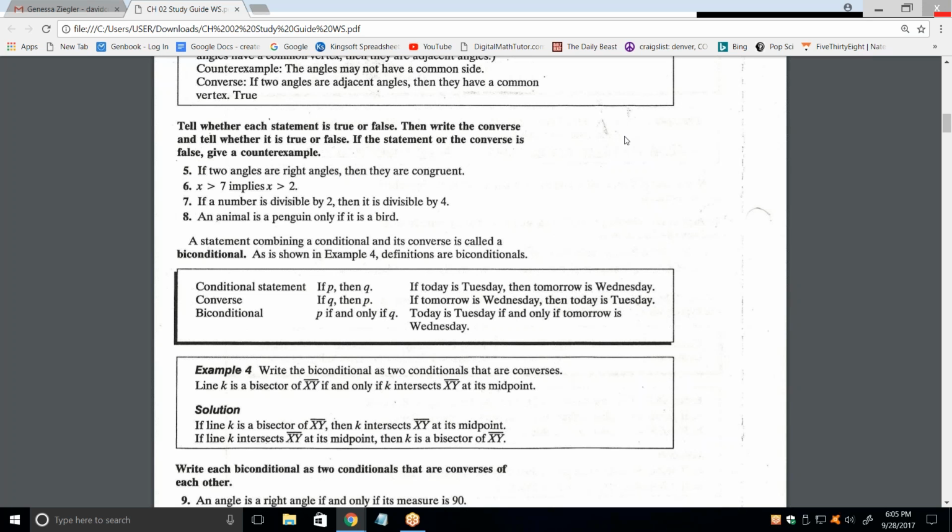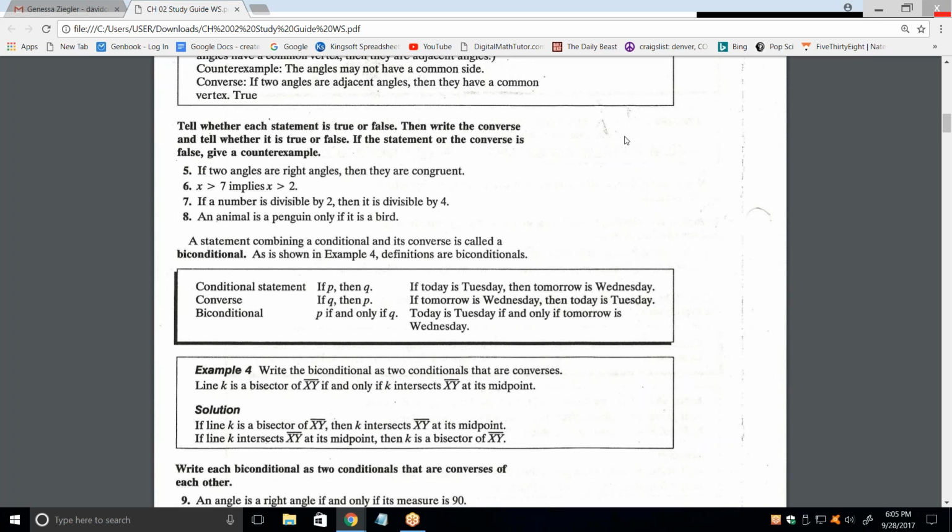But I believe it's currently classified as a bird. So it would have to be a bird in order for it to be a penguin. In other words, it couldn't be a reptile and be a penguin. It's a penguin only if it's a bird. Okay.